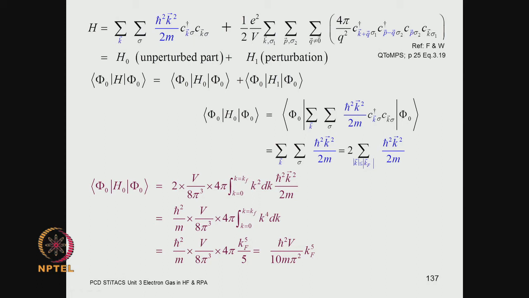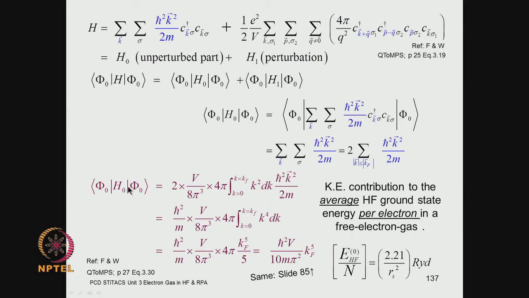Okay? So, this is the result for the unperturbed part of the Hamiltonian, and if you now put in all the values and evaluate the result for energy per electron, this we had evaluated.